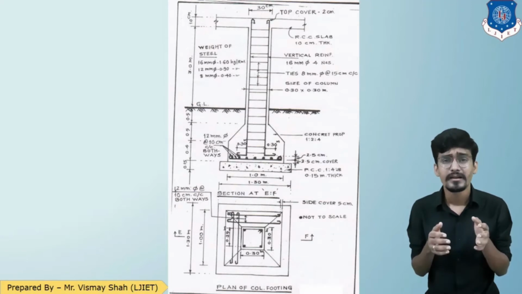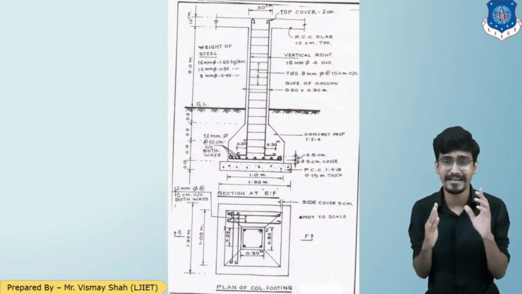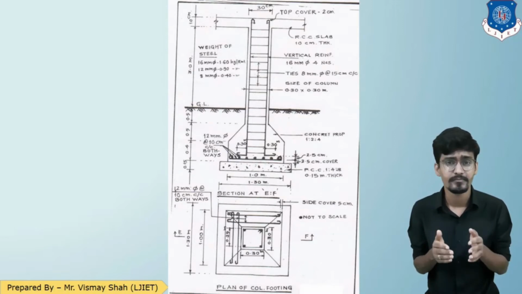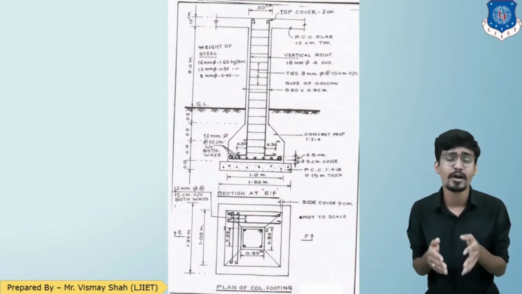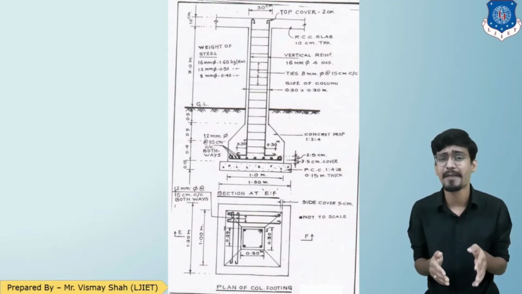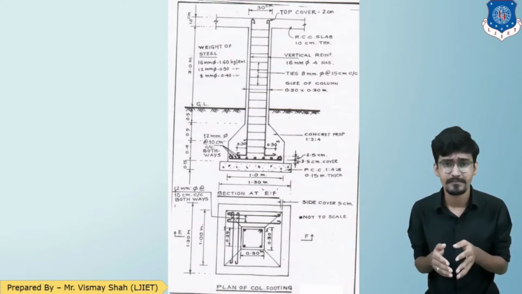Now that is a slope footing. So there is a different height, the vertical height, then the slope height, then again the vertical height is given in the section. The original column is about 30 cross 30 centimeter. The reinforcement details are also given in the drawing. The vertical reinforcement is of 16 mm diameter and there are 4 numbers of bars.